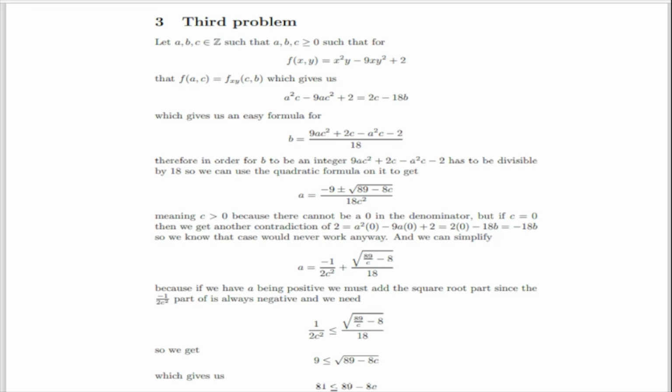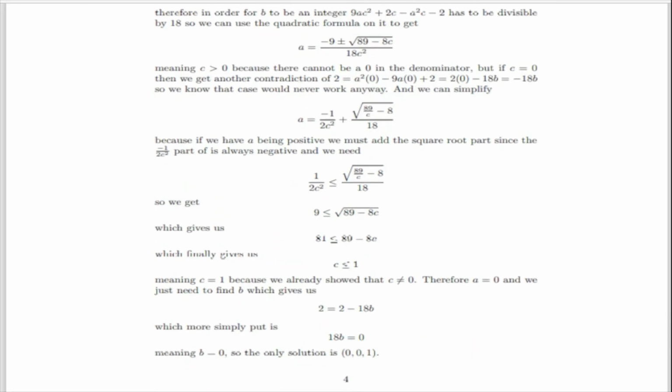But if c equals 0, then we get another contradiction anyway, because 2 equals a squared times 0 minus 9 times a times 0 plus 2, which equals 2 times 0 minus 18b equals negative 18b, which means 2 equals negative 18b, and that wouldn't work for b, because we know it's a non-negative integer. So we know that case would never work anyway, and we can simplify.